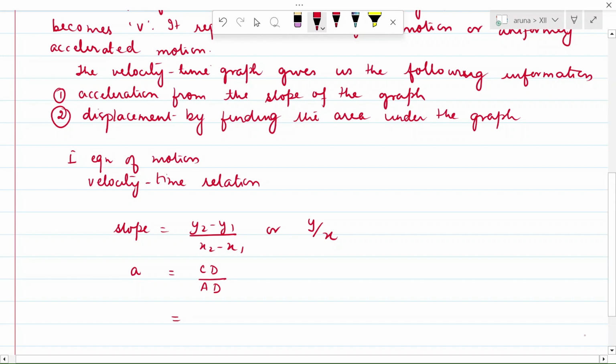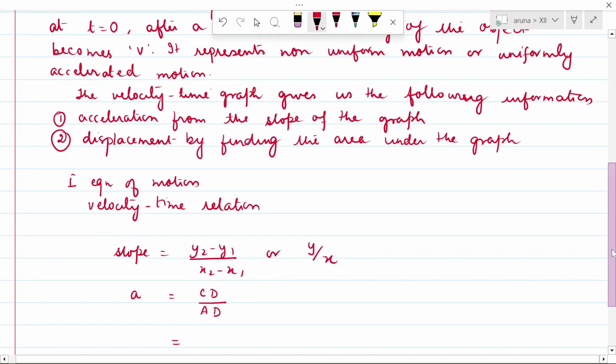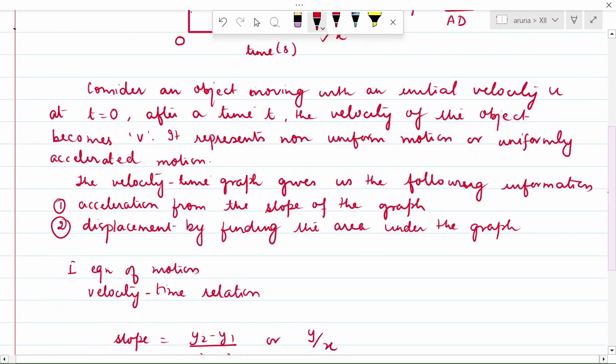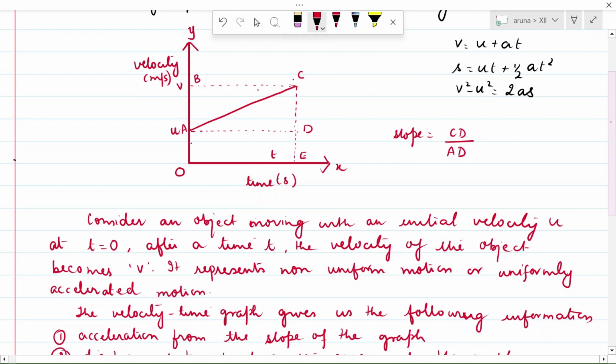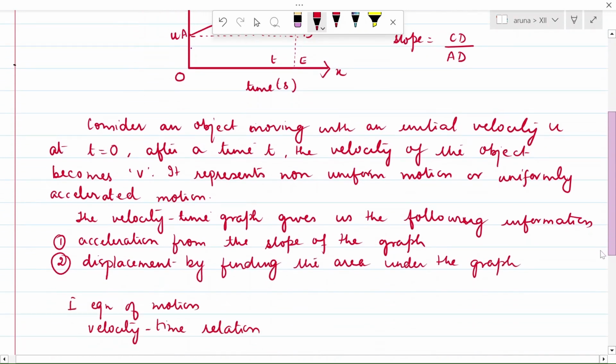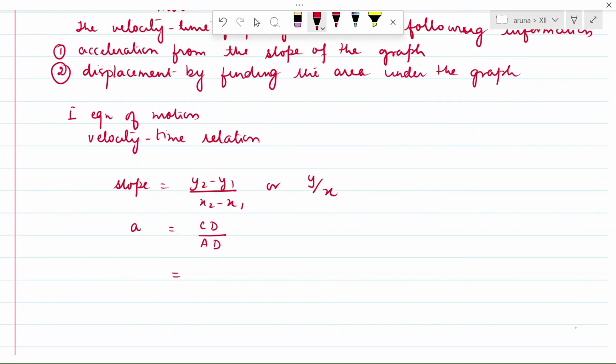Now, if you see the graph, let me go back to it once again. CD has no value. It doesn't really represent anything on the diagram. So we are going to write it in some known variables. What are the known variables? The known variables are initial and final velocity. So CD can be written as CE minus DE and AD as OE, because both are parallel to each other, so they represent the same physical quantity.